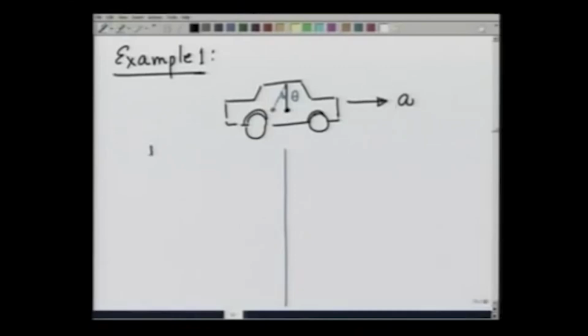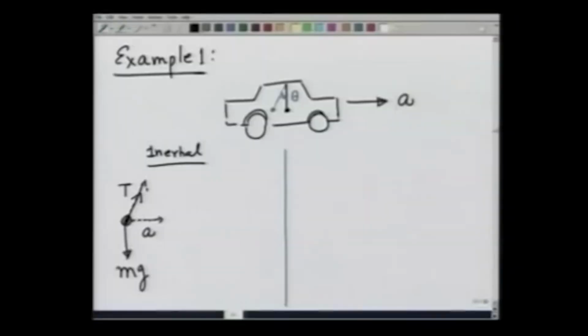In the inertial frame, that is frame from outside, the free body diagram of the pendulum in this position is that on the bob there is a tension T, force mg pulling it down, and as a result of these two forces the bob is accelerating to the right with an acceleration a, because the car is accelerating and the bob is stationary in the car.